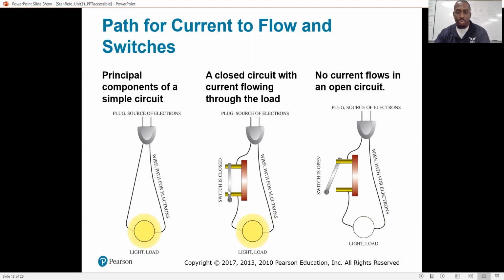This light is on because we're making contact and we have a complete circuit. So we have our source, we have our path, we have our load, and we have our switch. Sorry, this one is closed, this one is open.